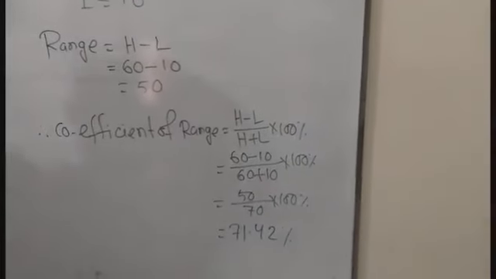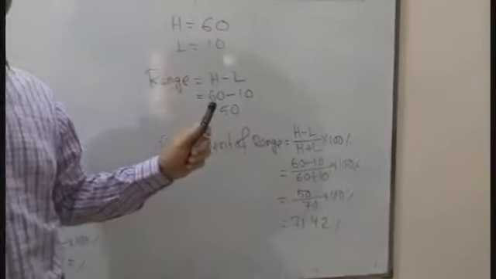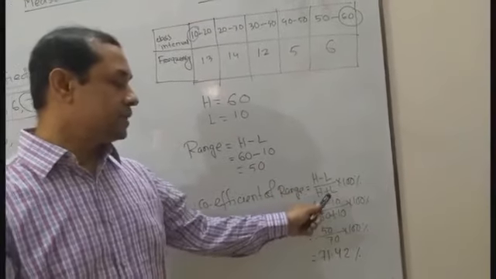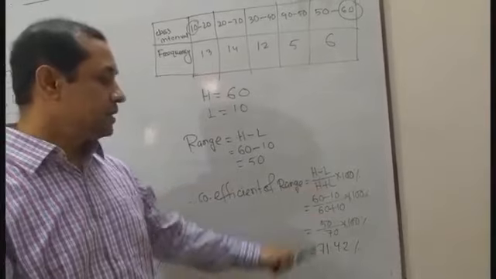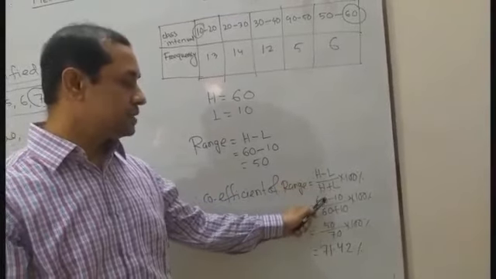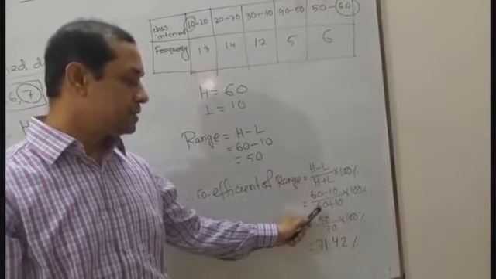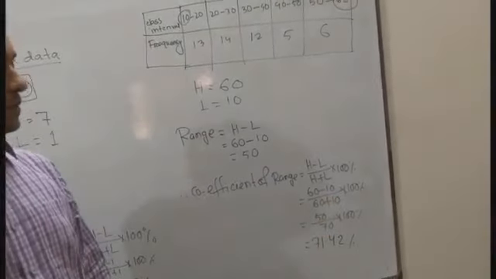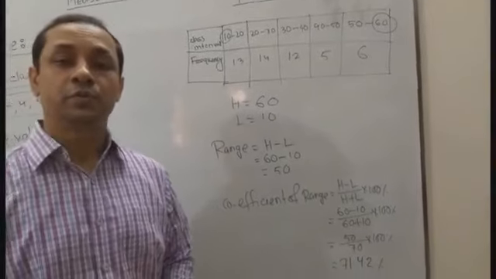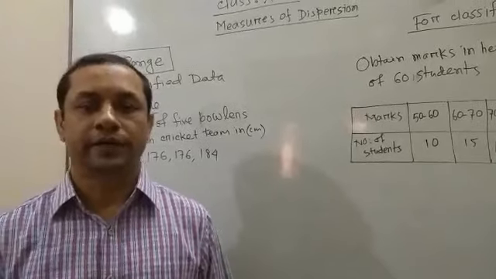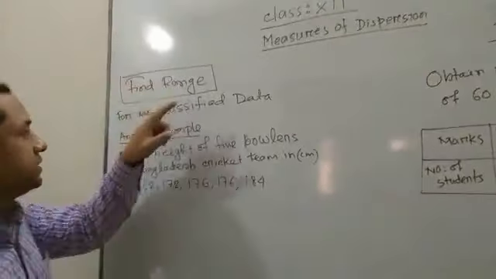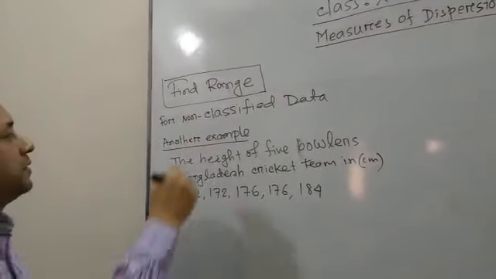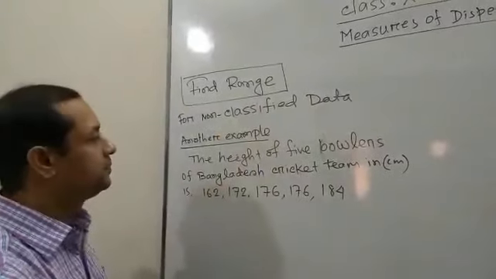So coefficient of range, again, is H minus L by H plus L into 100%. Putting the value of H as 60 and L as 10, 60 minus 10 by 60 plus 10 into 100%. So the result is 71.42%.